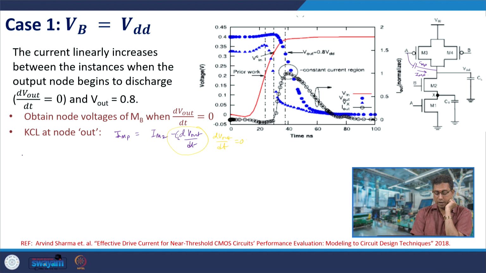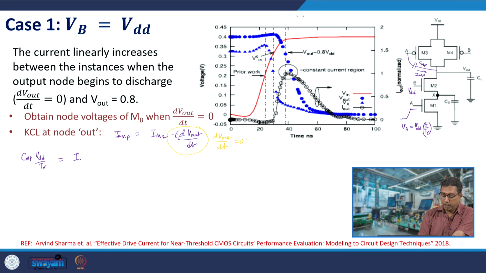So, we have IMP, which is CMP VDD by TR, where we are assuming that VA, which reaches VDD, is increasing linearly as a function VA equal to VDD t by TR.